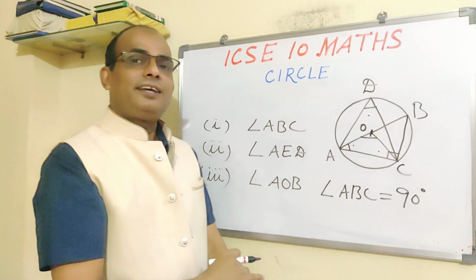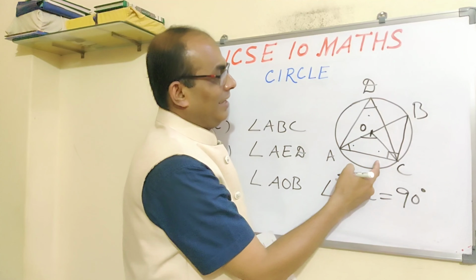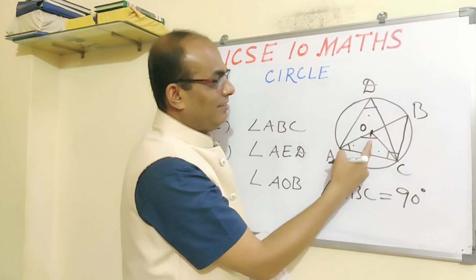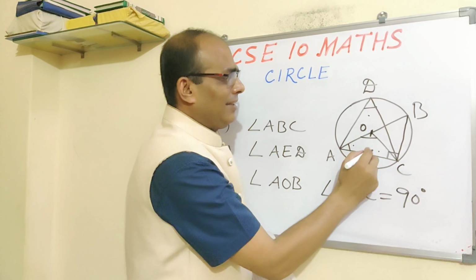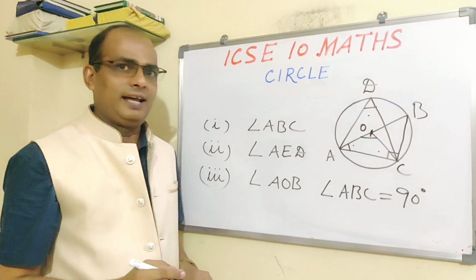In that case you can use the 3-letter system. You can say angle ACD, angle ACB, or angle ACO, or you can mark them small a, small b, small c, 1, 2, 3, M, N, P, like that.